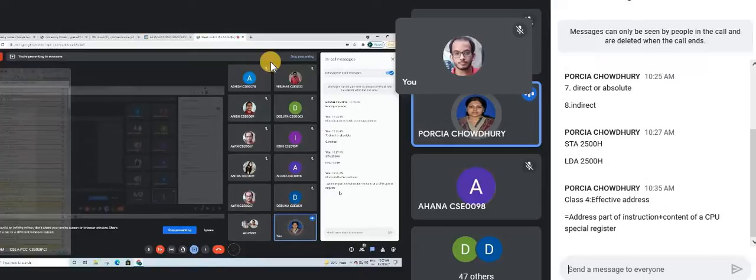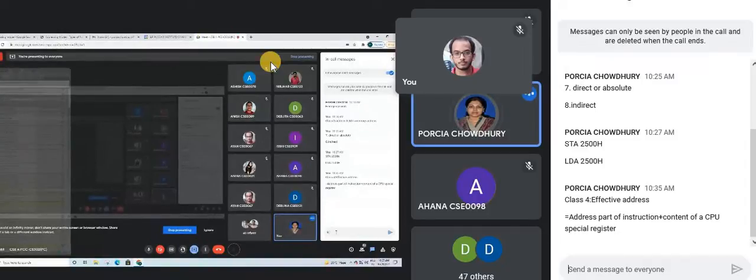The effective address is calculated from this relation: effective address equals address part of instruction plus content of a CPU special register, and class 4 is categorized based on this part, the content of a CPU special register. Fine. So let's move on to the first category.